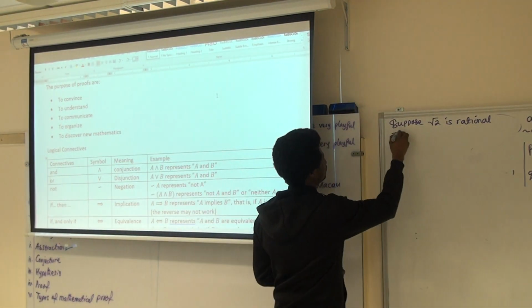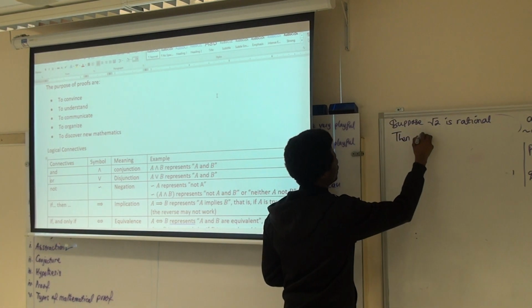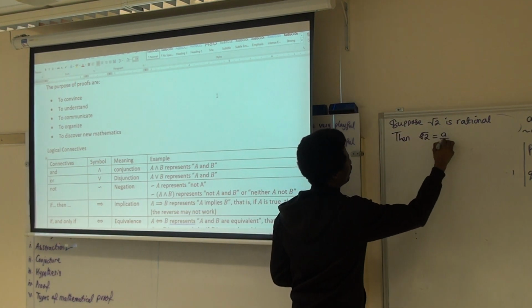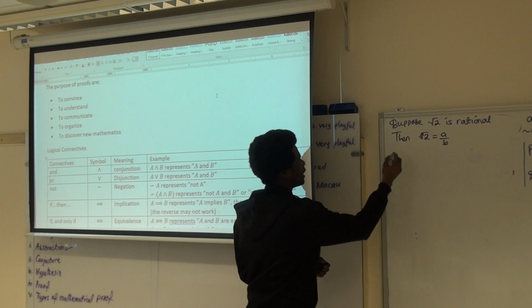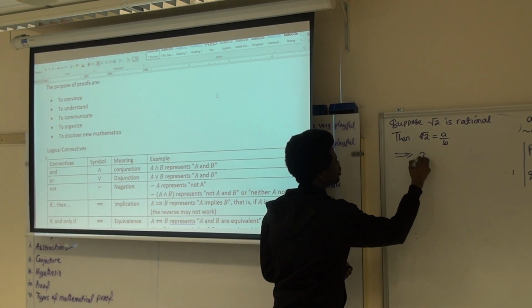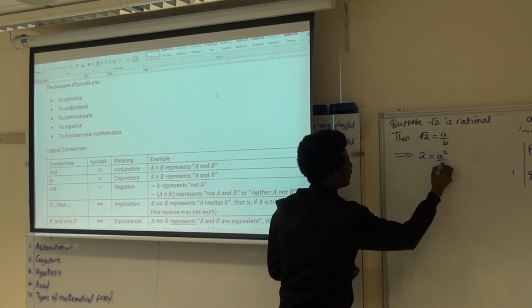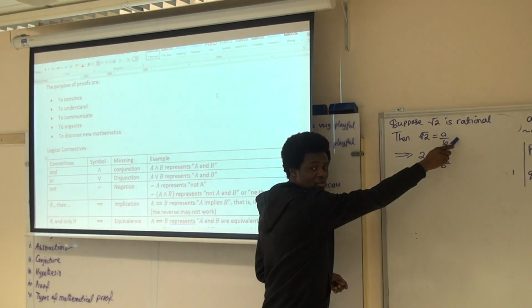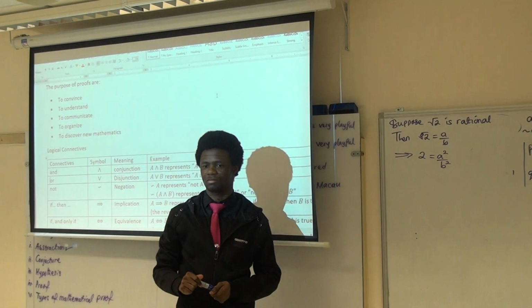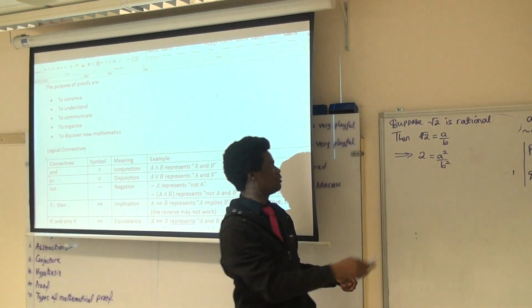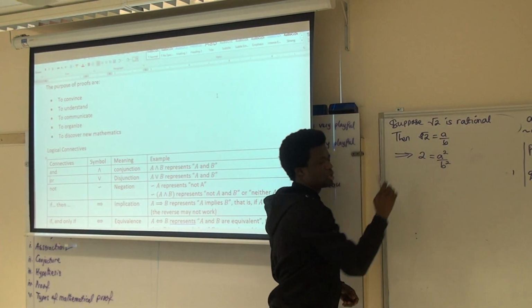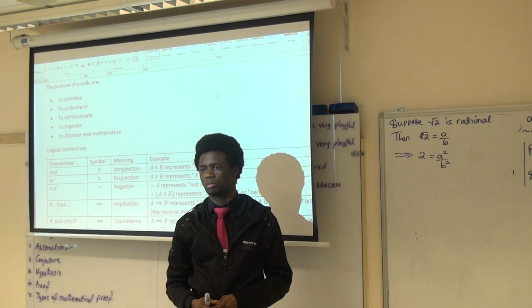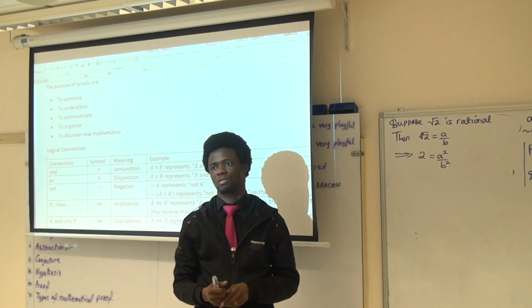Suppose it is true, then root 2 will be A over B, right? Then we say this implies that 2 equals A squared divided by B squared. We're saying the implication of this statement is this. We are saying if this line is true, then this line must be true. The other way around may not be the case.